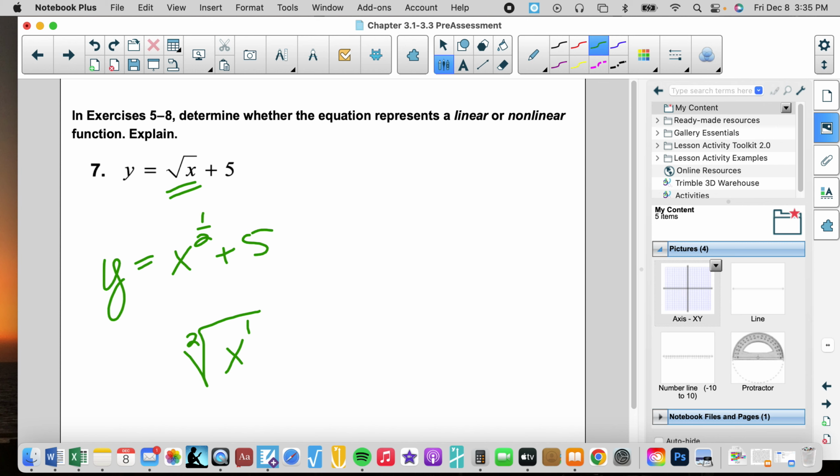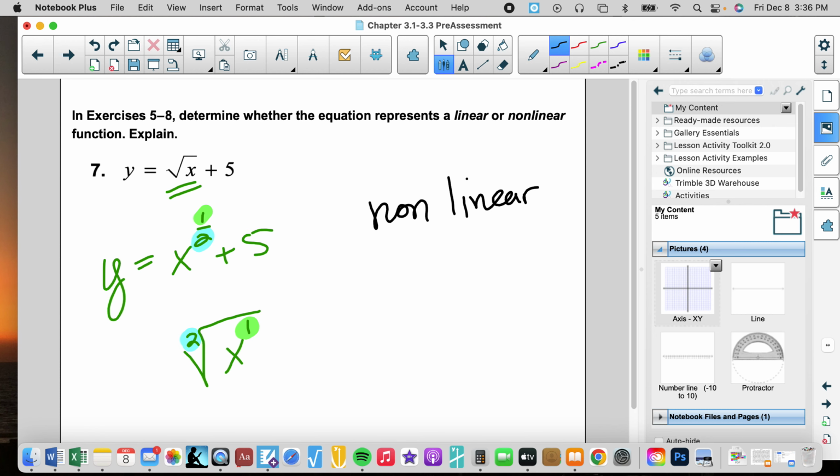So the numerator is the exponent. The radical is the denominator. Since the exponent of x is 1/2, we know that this is nonlinear. It is nonlinear because it cannot be written in slope-intercept form.